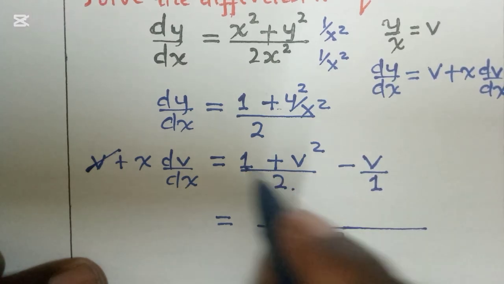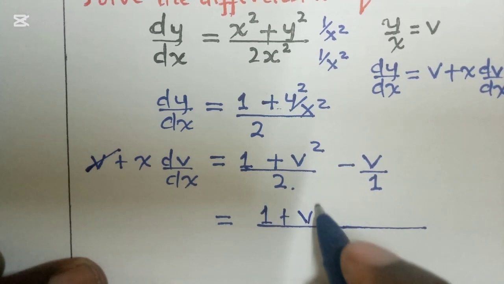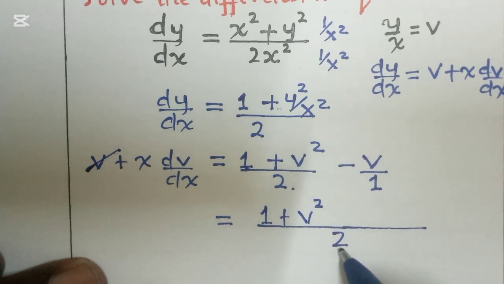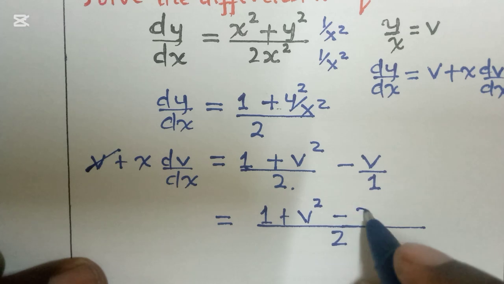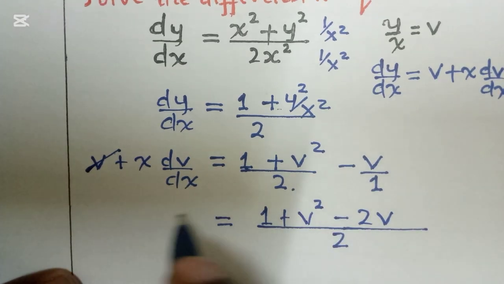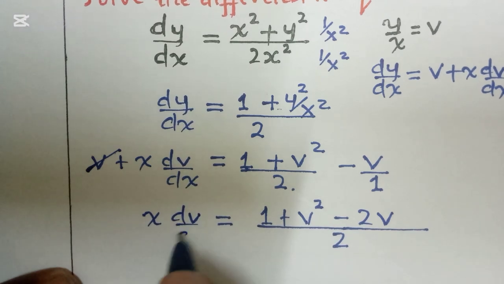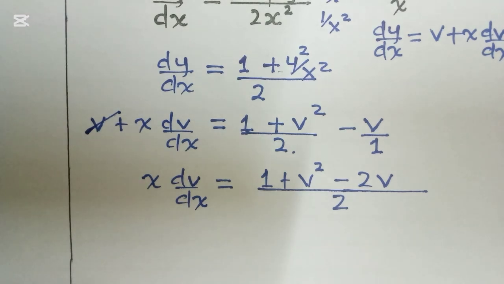Then 2 divided by 2, we shall get 1 plus v squared. Coming to this one, 2 divided by 1, we shall get 2. So this is going to be minus 2v. So this one is equal to x dv dx, like that.